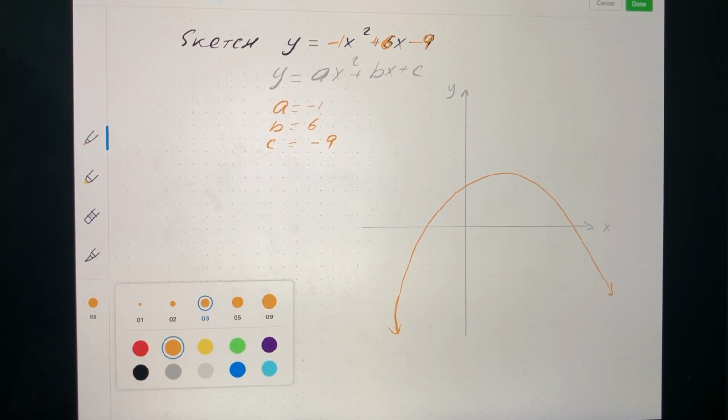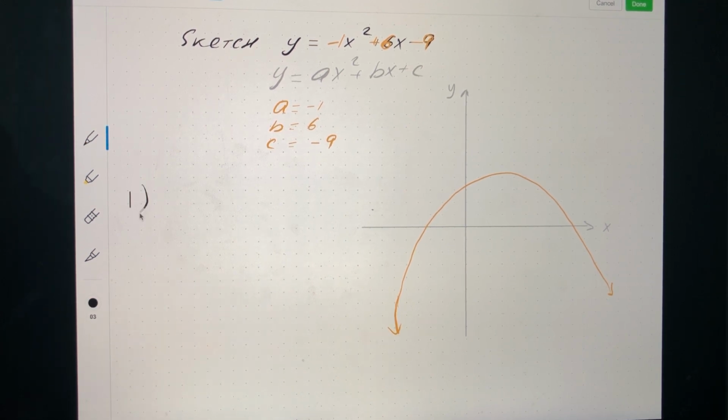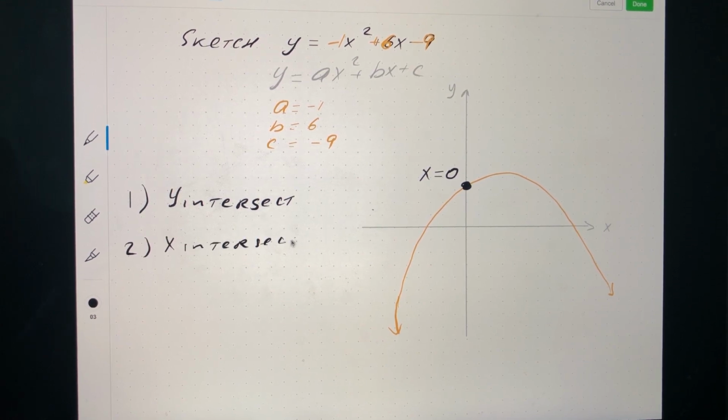And the three things that we have to find is the y-intercept, that's this point, the place where the graph crosses the y-axis, and to find it, we make x equal to 0. Second, we look for the x-intercept. There could be 1, there could be 2, there could be none. In our picture, there appears to be 2 of them.